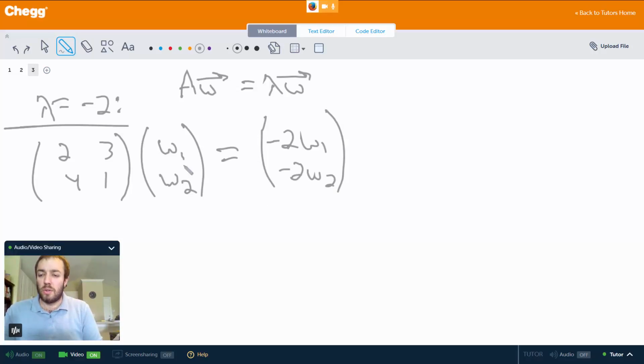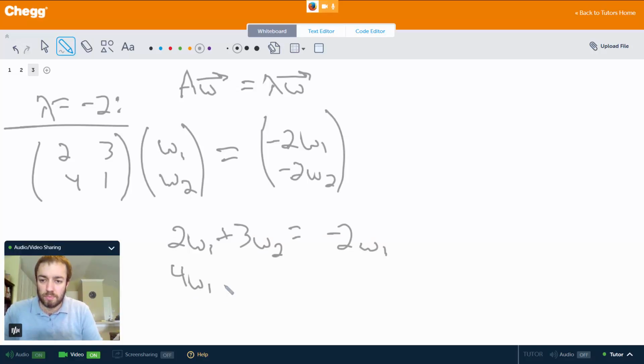Okay, so if we write this out as a linear system, we have 2 w1 plus 3 w2 equals -2 w1, and 4 w1 plus w2 equals -2 w2. So we have this system of two equations.